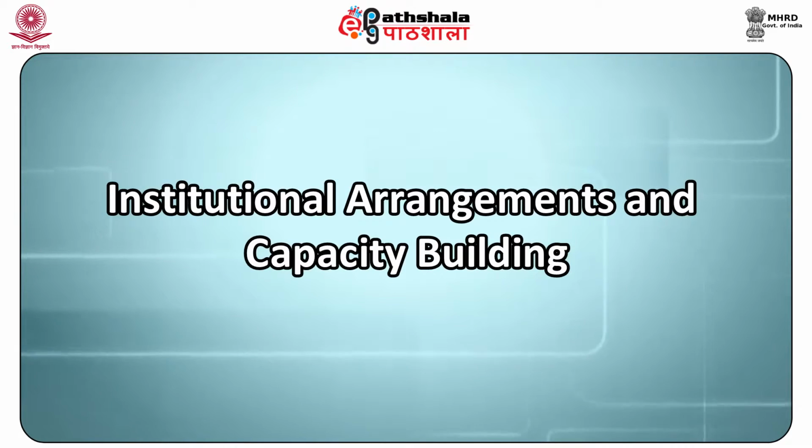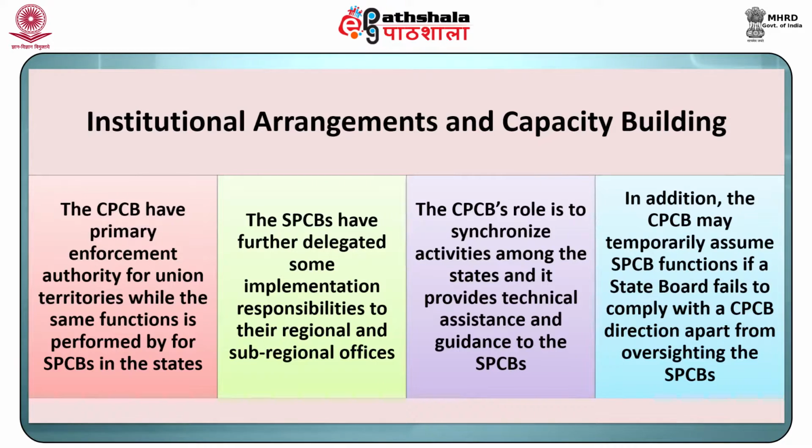Institutional arrangements and capacity building. The CPCB has primary enforcement authority for union territories, while the same function is performed by SPCBs in the states. The SPCBs have further delegated some implementation responsibilities to their regional and sub-regional offices.